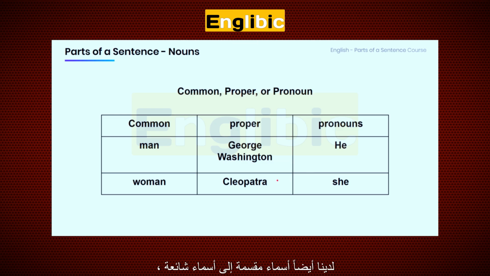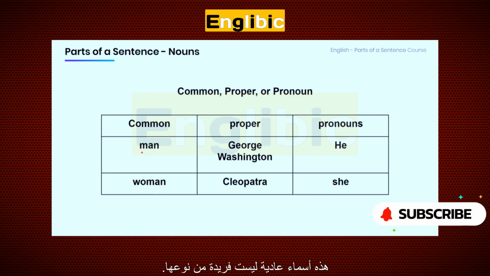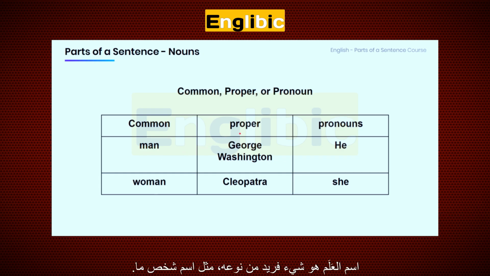You also have nouns divided into common nouns, proper nouns, and even pronouns. So common nouns are like this, man and woman. Okay, these are ordinary nouns that aren't unique. They aren't special. Okay, a proper noun is something that is unique, like a name of someone. So George Washington is a proper noun.